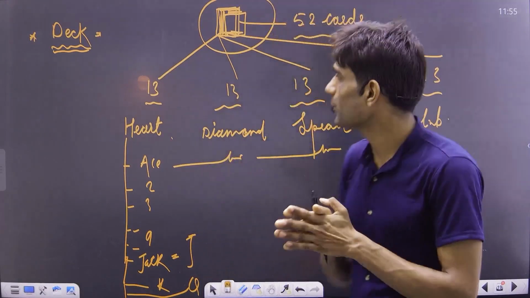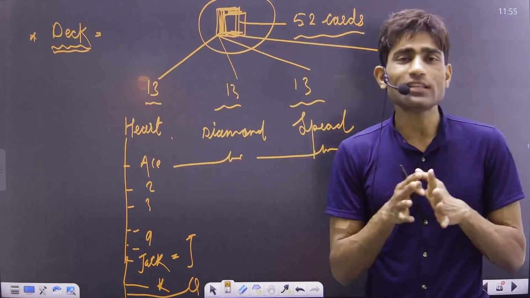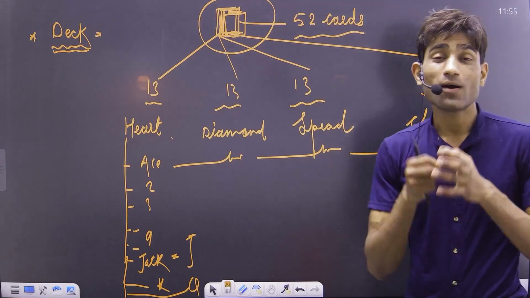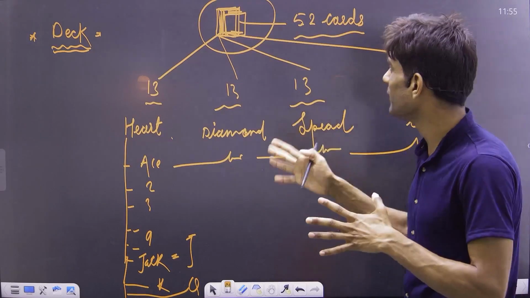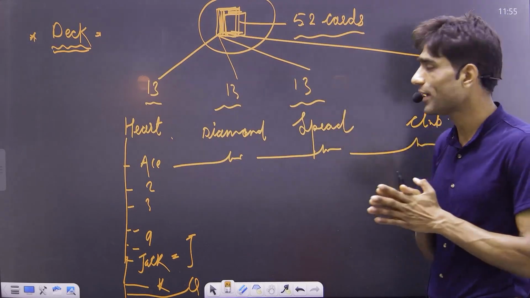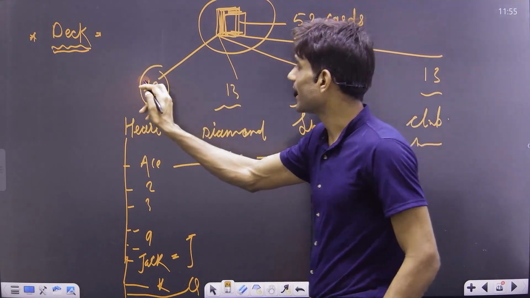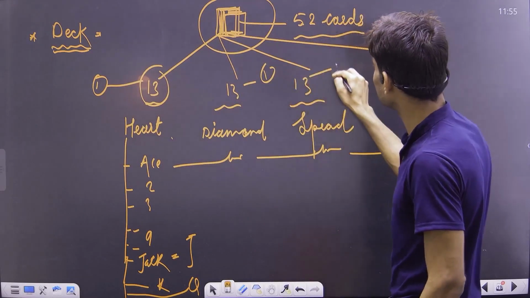The random event is defined as selecting all the jacks present in our 52 cards. Then we consider it as the random event or favorable event. Each set contains one jack, here it is single, here and here.